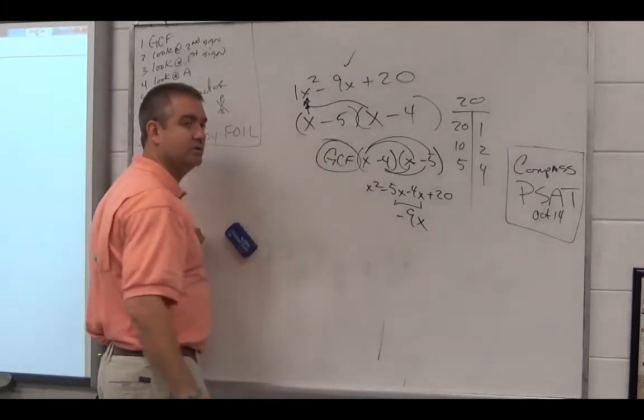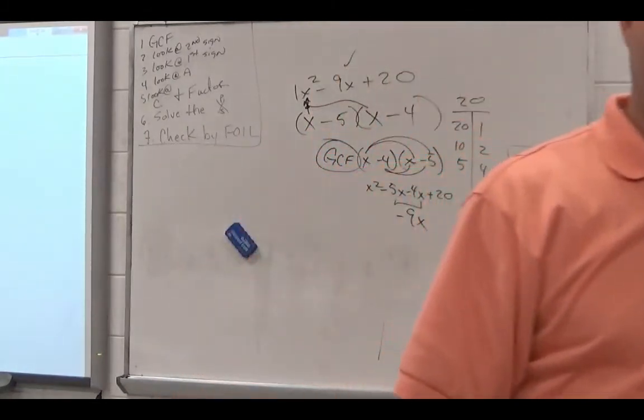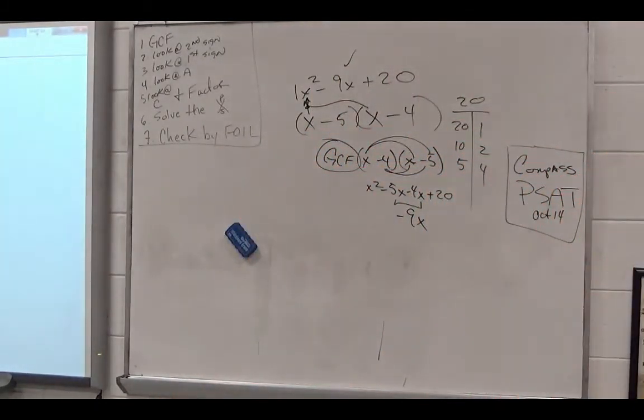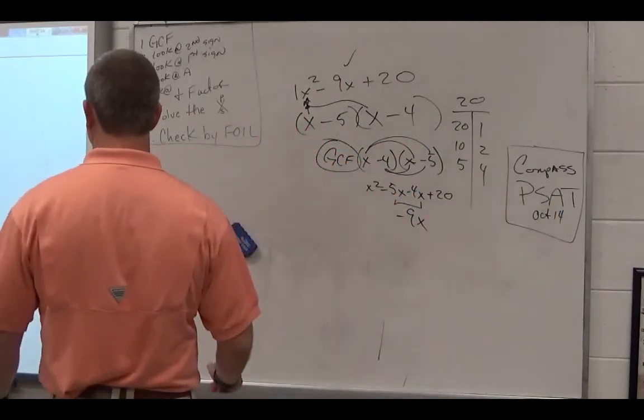Write that in your notes. If there's a GCF, it has to go in front of the parentheses right there. This one didn't have a GCF, so there's no number there. But if in the first step we had pulled out a 3 or pulled out a 2, that number would have to go right there. If you left it off, you would get the wrong answer.